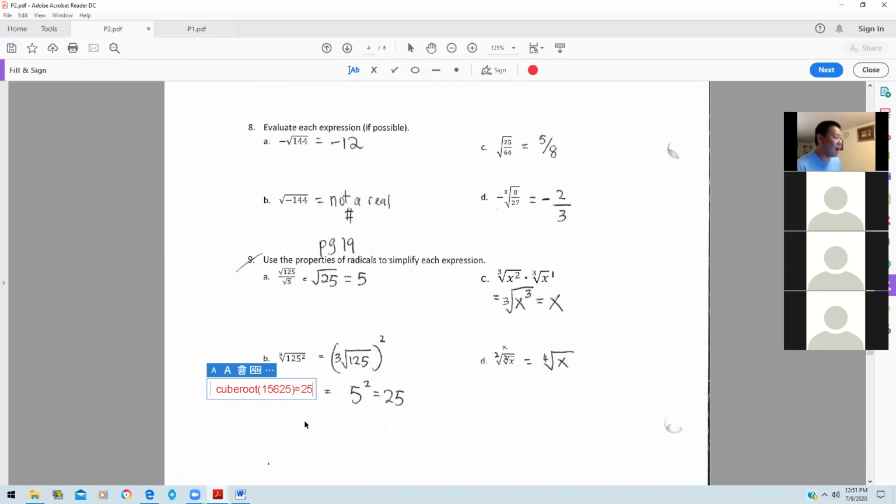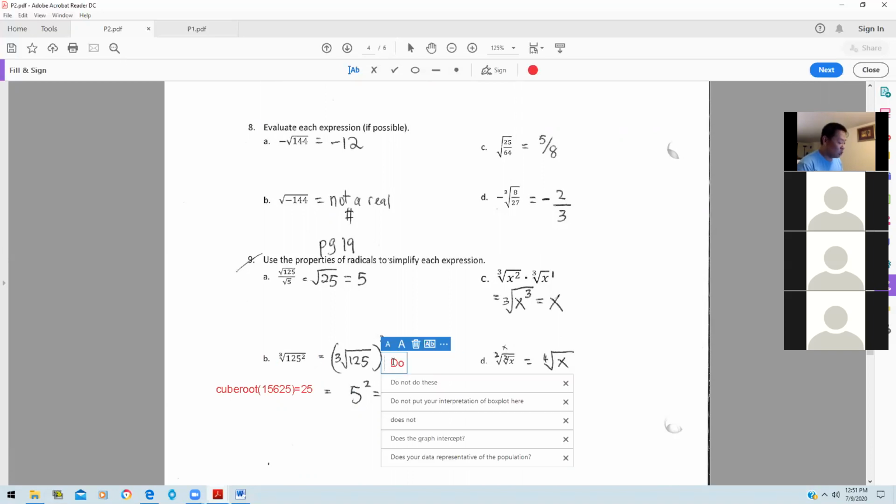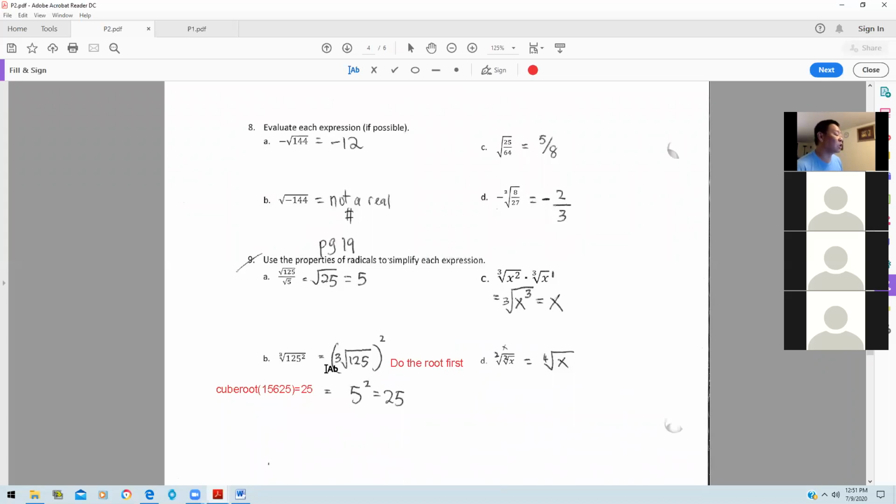Actually, it's 25 if you have a calculator. But what I suggest is do not do the square first. Do the root first. Do the cube root of 125 first, and then square it. The cube root of 125 is 5, and 5 squared is 25. This is so much easier than squaring first and then taking the root. This is really what I strongly suggest you do.